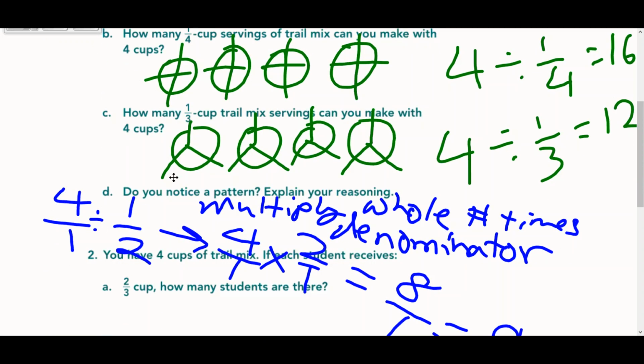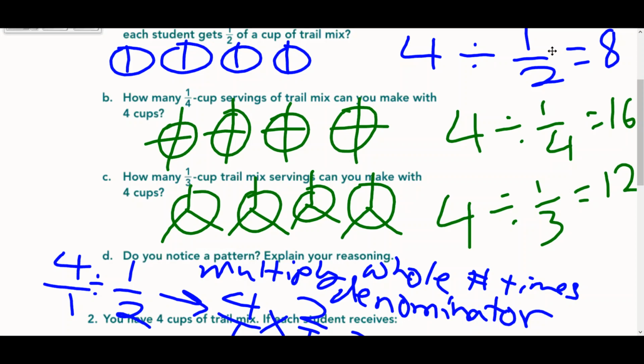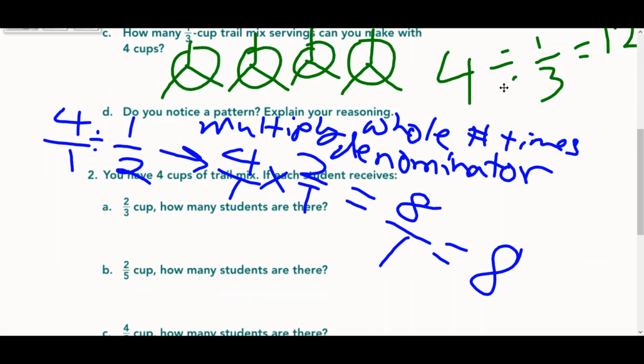So we're supposed to look for a pattern. Some of you pointed out that if I take the bottom number here, for example, this 3, and I multiply it by this whole number, I get the 12. Same thing here, 4 times 4 would be 16. And then 2 times 4 would be 8. What's another pattern?